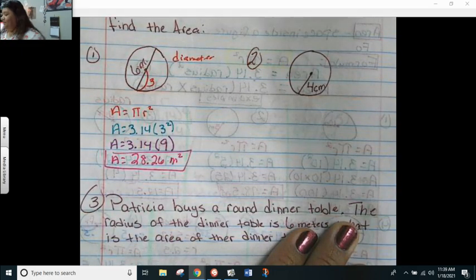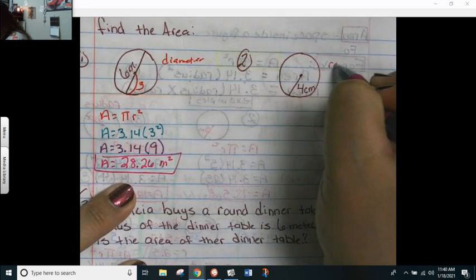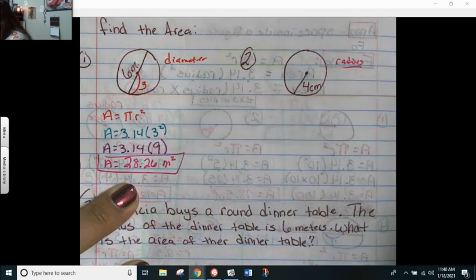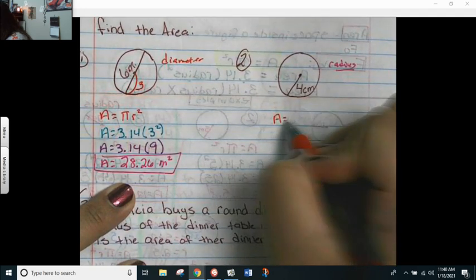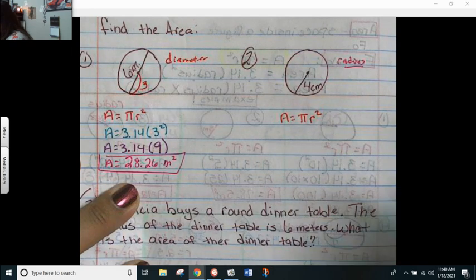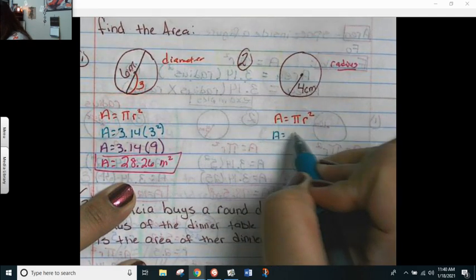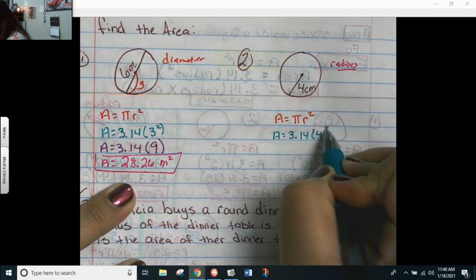Okay, let's see the next one. The next one is a radius. So you didn't have to do any extra work here. So let's see what you got. A equals pi times the radius squared. Then you should have done 3.14 times 4 squared.